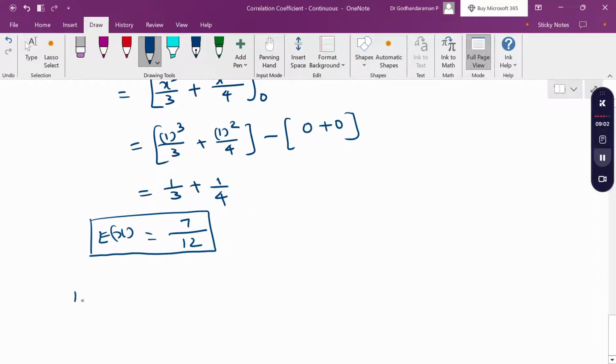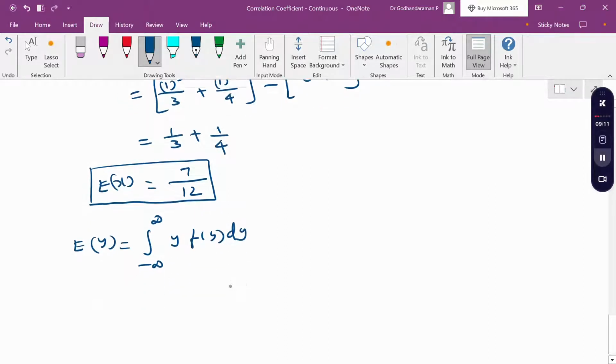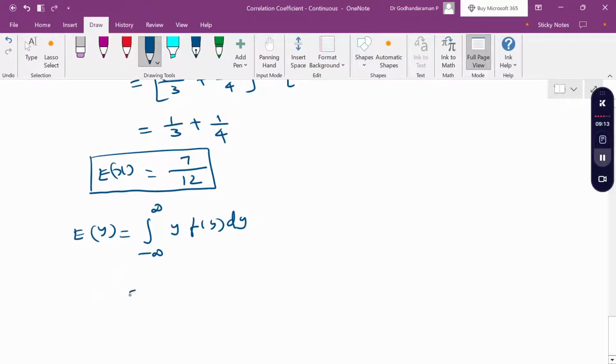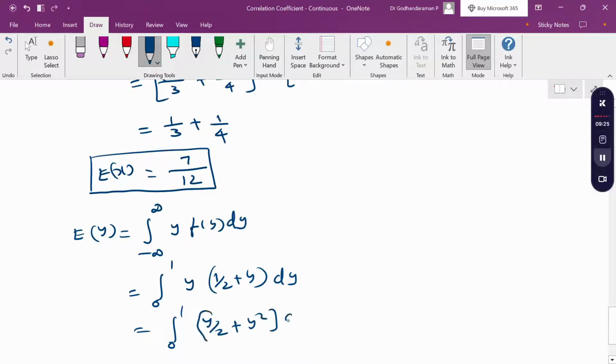And then expectation of y, integral minus infinity to plus infinity y f of y dy. Substitute the marginal function y value 0 to 1 y into 1 by 2 plus y into dy. Then multiply y inside the bracket, y by 2 plus y square into dy.